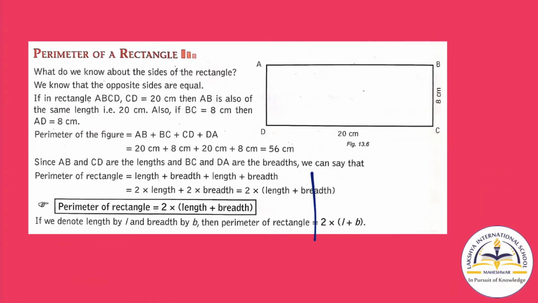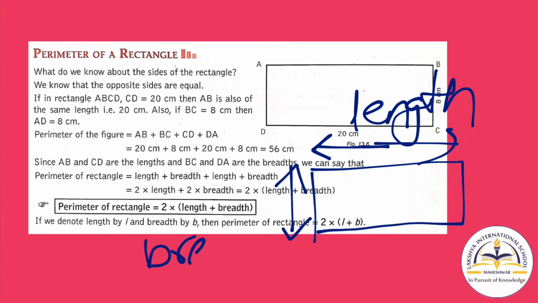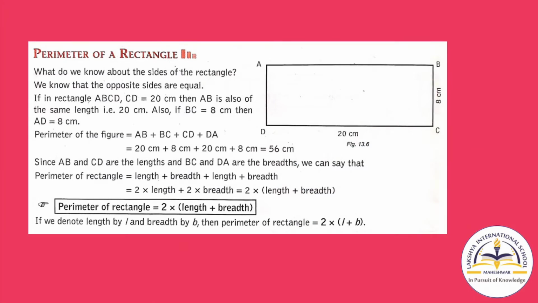For the particular rectangle, this will be the length of a rectangle, and this will be the breadth of a rectangle. So now what is the formula for the perimeter of a rectangle? That is 2 into length plus breadth. Perimeter of rectangle equals 2 into length plus breadth.